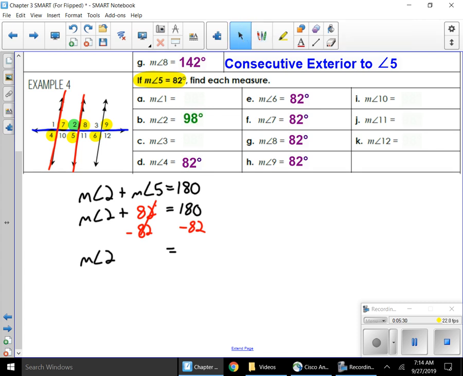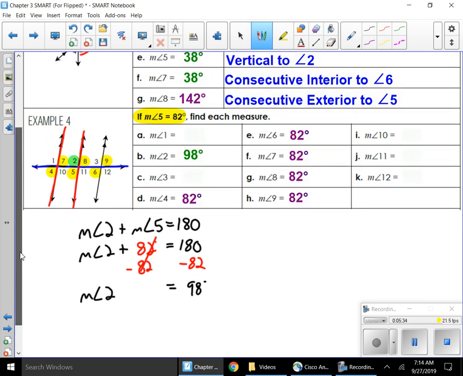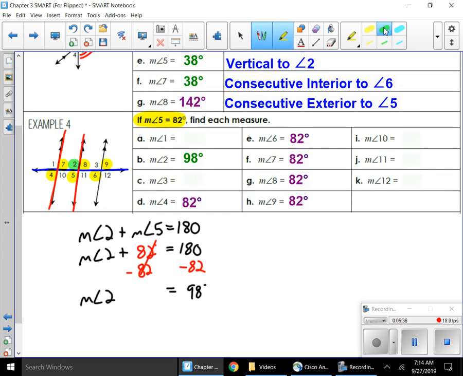Once we know angle 2, it helps us fill in the whole rest of the table. 11 is a vertical angle, so it's congruent. 3 is a corresponding angle, so it's congruent. 12 is an alternate exterior angle with angle 2, so it's congruent. And we can make similar arguments for 1 and 10. So once you know all of the congruent ones, you can find all of the supplementary ones just as easily. So there we have that bottom table, and this concludes example 4.